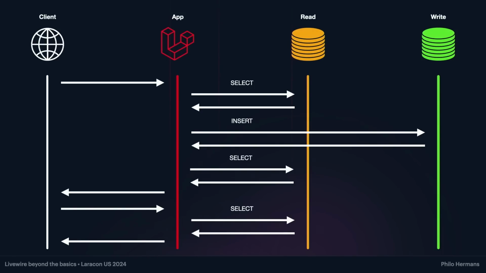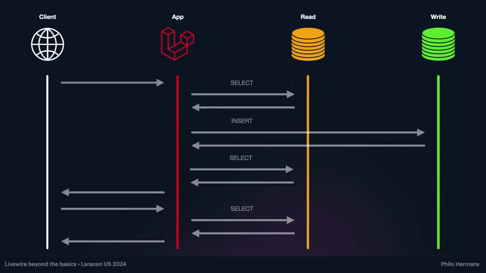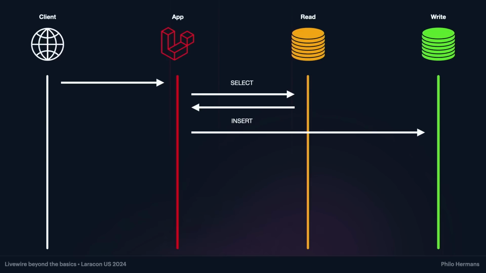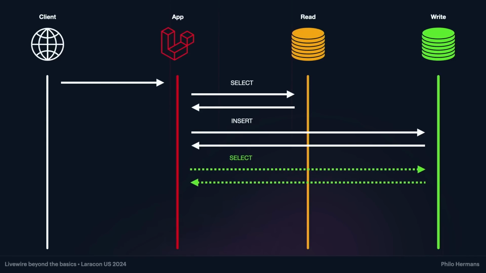Now, when you enable the sticky feature within Laravel, this behavior changes a little bit. Again, request from the client comes in, goes to our app. Our app is going to perform the select query from our read server. The insert query is going to our write server. But now the consecutive read query is going to stick to our primary server. And this is going to ensure that, in this case, our query is always going to return the most up-to-date data.